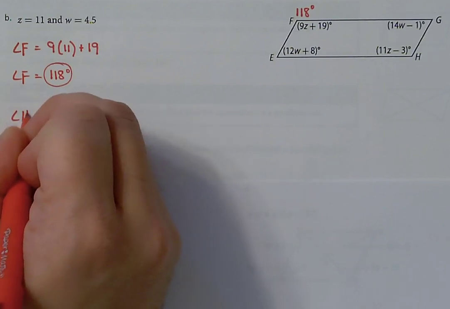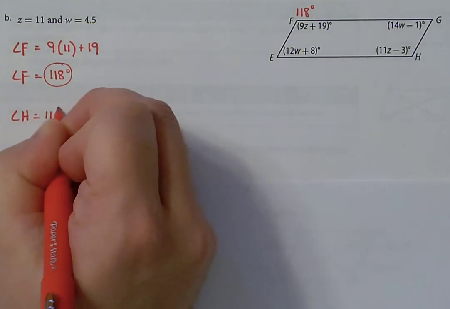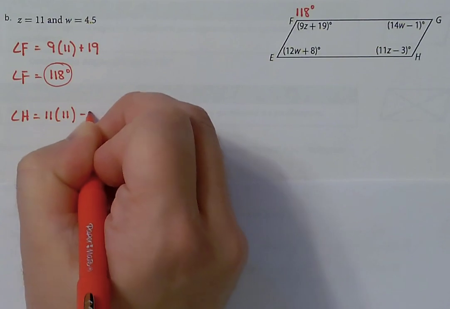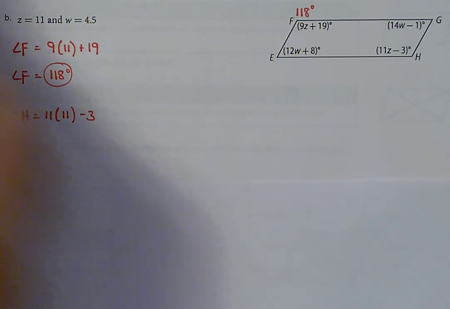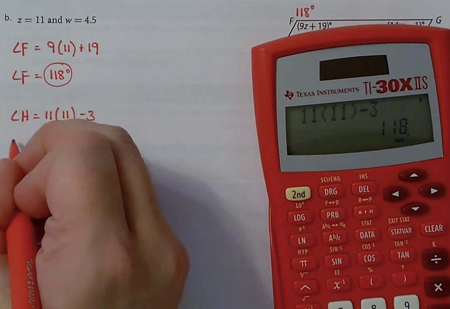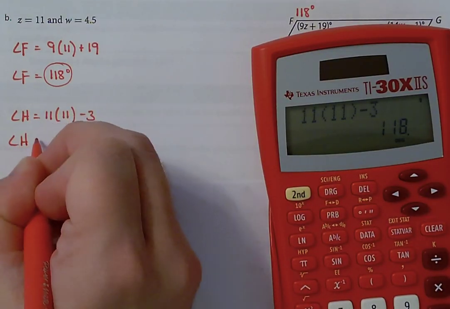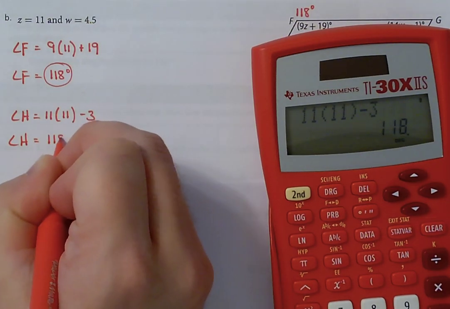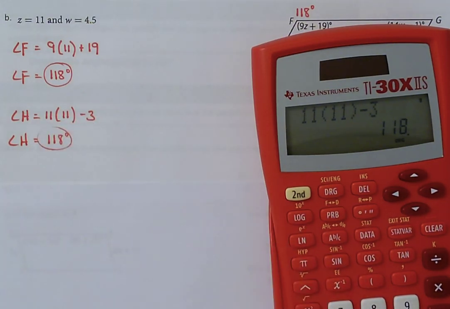So angle H, we have 11 times 11 minus 3. If we do 11 times 11 minus 3, we end up again with 118. So that means the measure of angle H is 118 degrees.